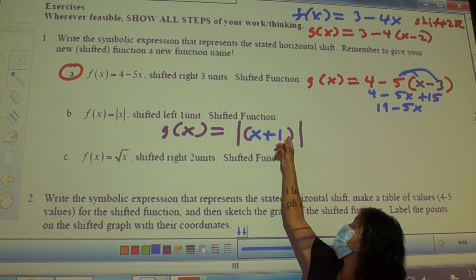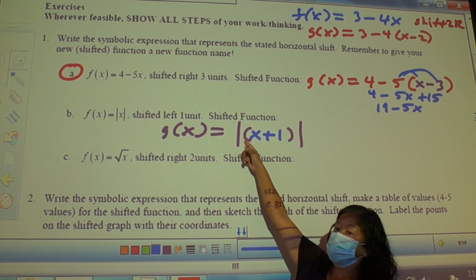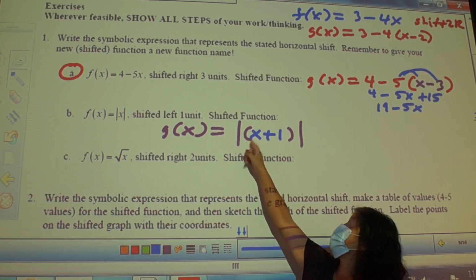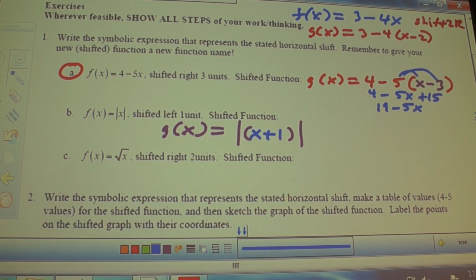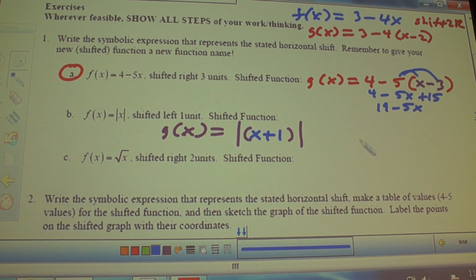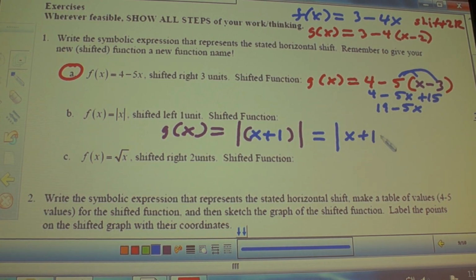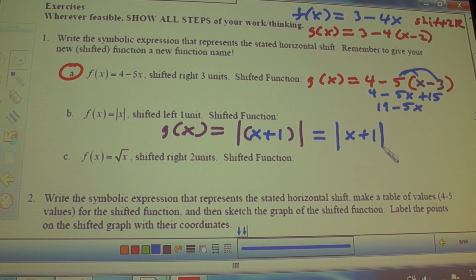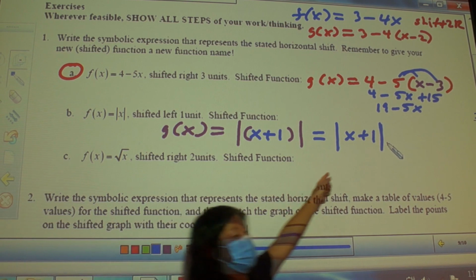But this parentheses, is there anything acting on the parentheses? Is it being raised to a power, or is it being multiplied in front? No, so I can remove the parentheses. Right, so then it just becomes this. Absolute value of x plus 1. Done. And like Eric said, you can't mess with these absolute value signs, so we're done.